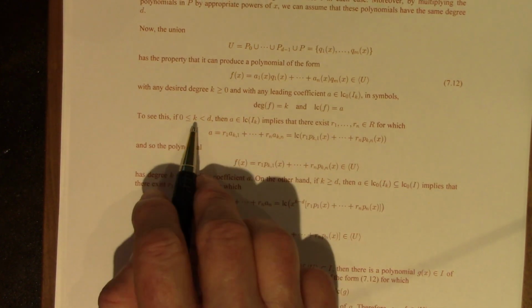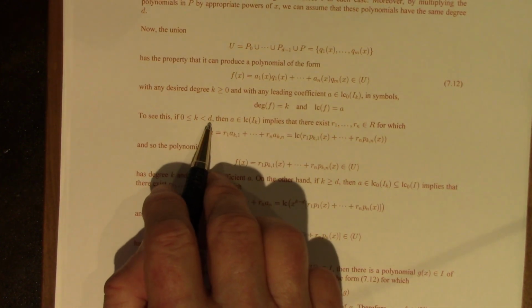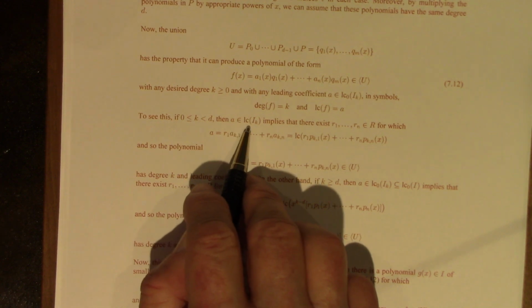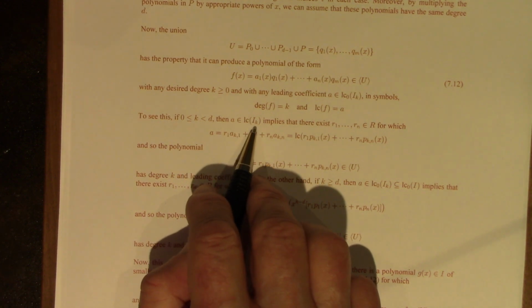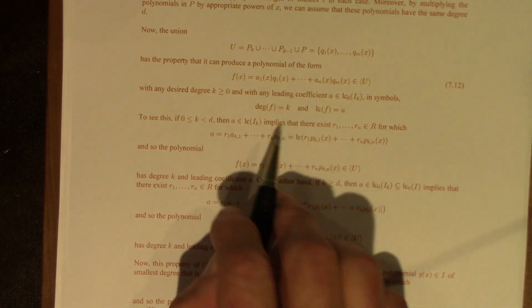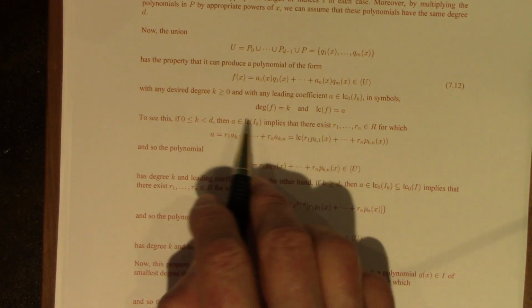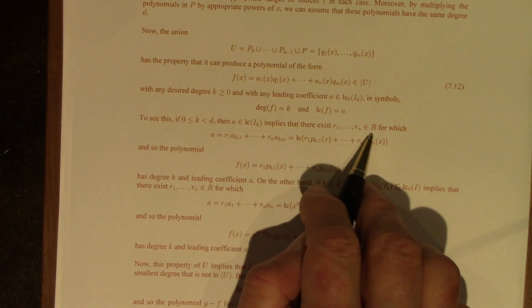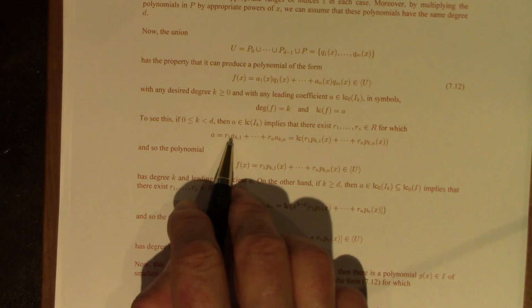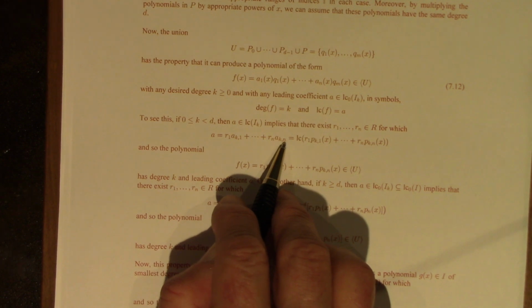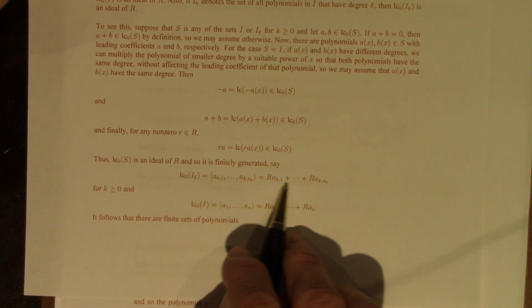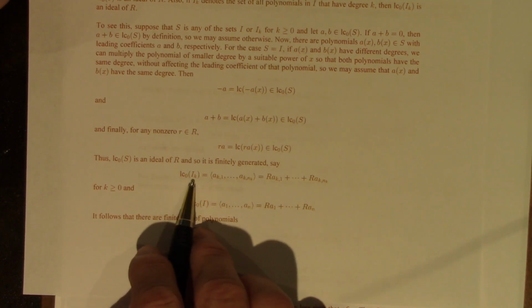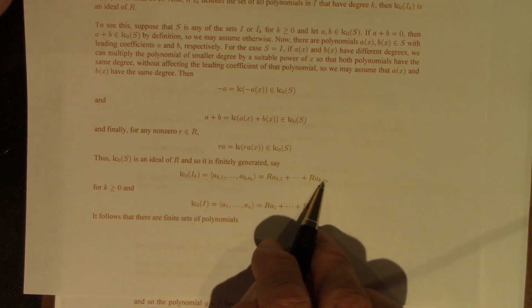And to see this, if k is less than d, then a, of course, belongs to LC naught of I sub k by assumption. So there are elements r1 through rn and r for which a has this form, because that's what the ideal LC naught of I sub k looks like.